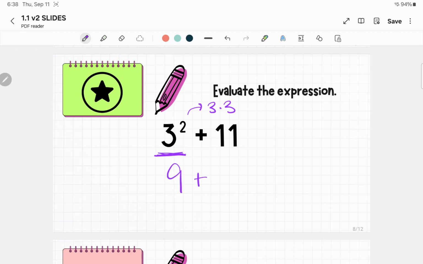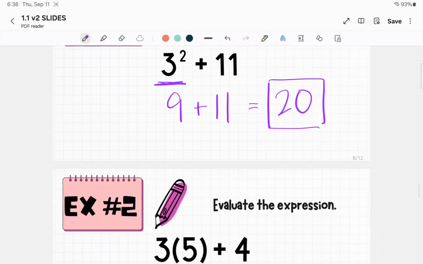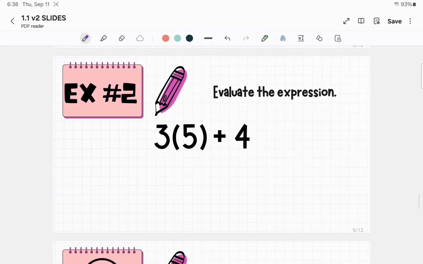We bring that down, and we bring down the plus 11 because we're not going to evaluate that quite yet, okay? Now that we have our new expression, we can do our last step, which is 9 plus 11, which is 20. So hopefully you got that right. If you did not, go ahead and pause and try to find me, and I will help you out in person, okay?